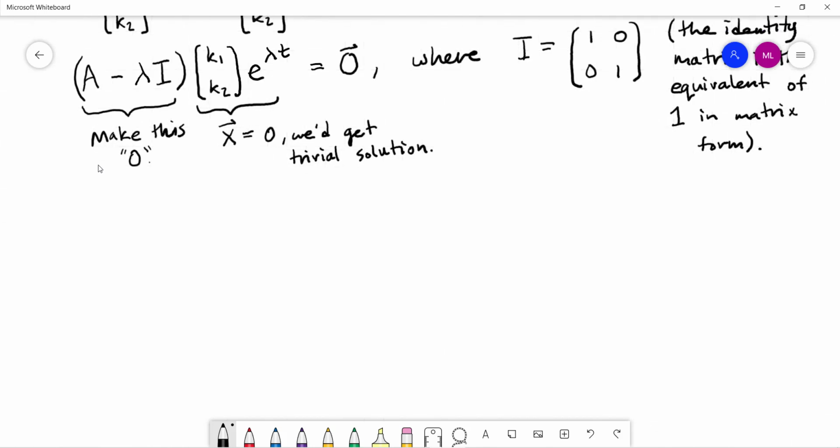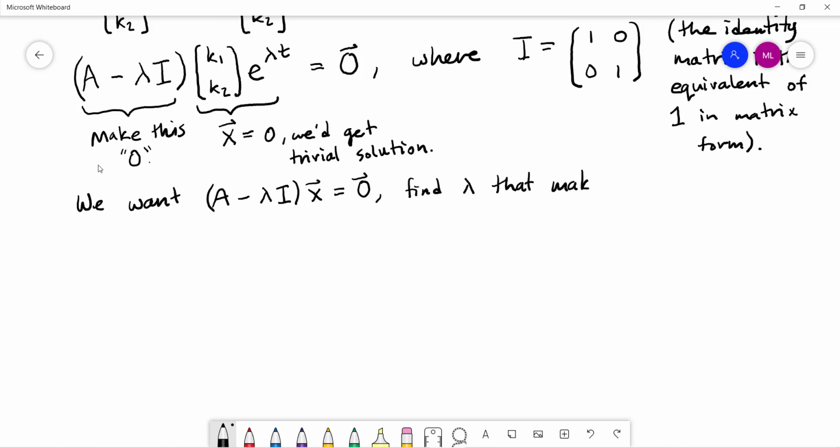Okay, so we want A minus lambda I times x to be equal to 0, the 0 vector, and we want to basically find the lambda that will make this work.